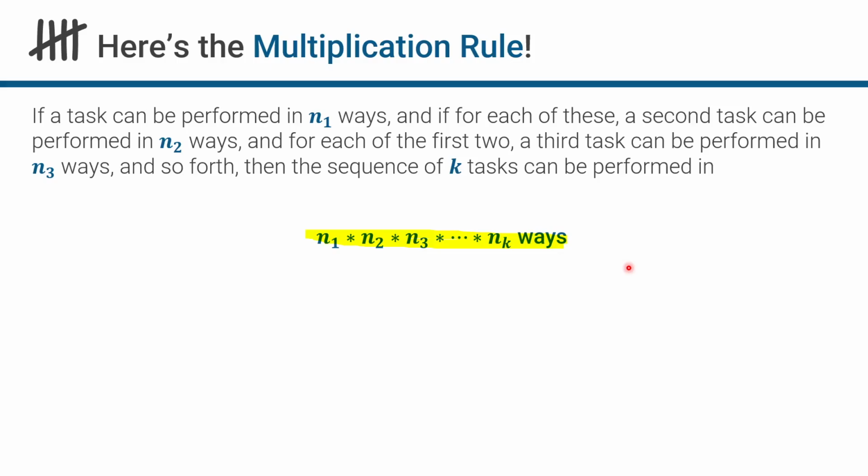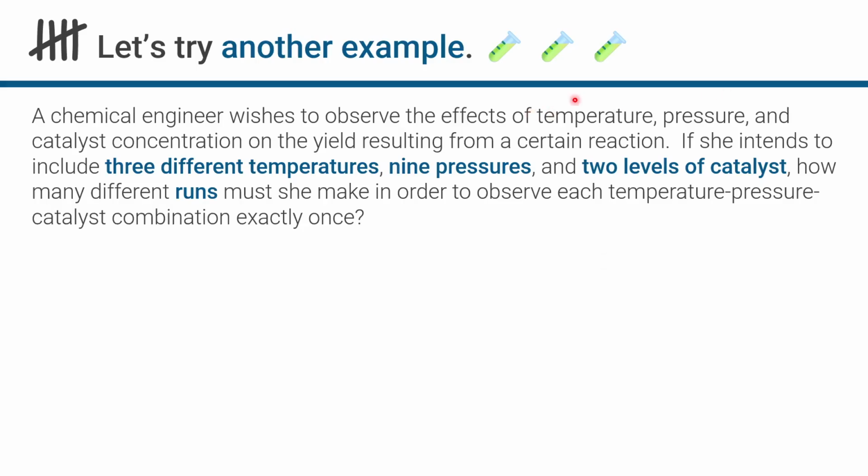Next, let's try again with another example. A chemical engineer wishes to observe the effects of temperature, pressure, and catalyst concentration on the yield resulting from a certain reaction. So you have 3 items here: the temperature, the pressure, and the catalyst.